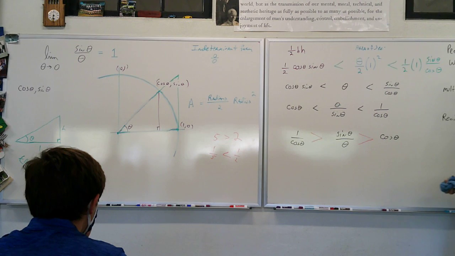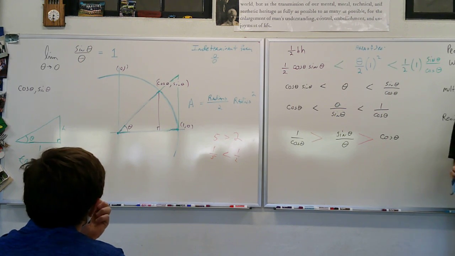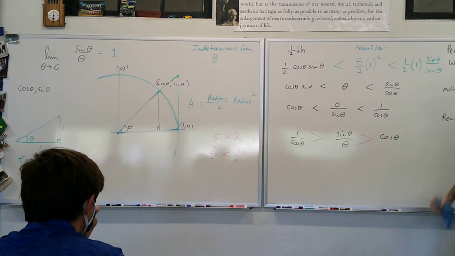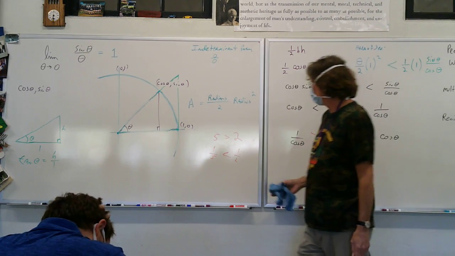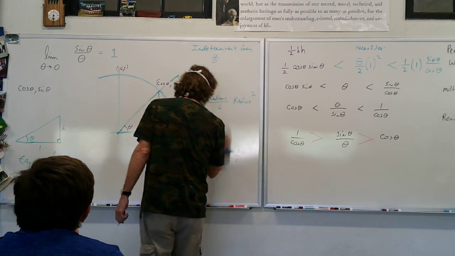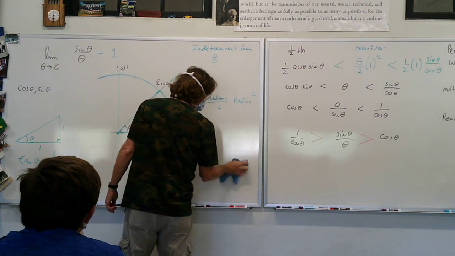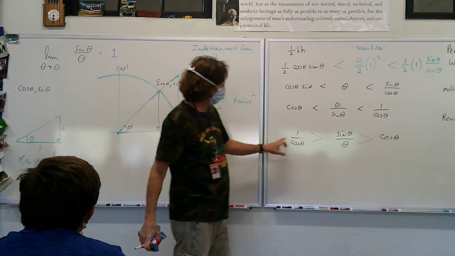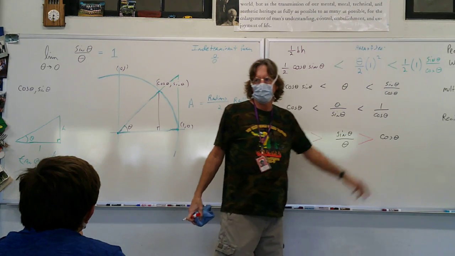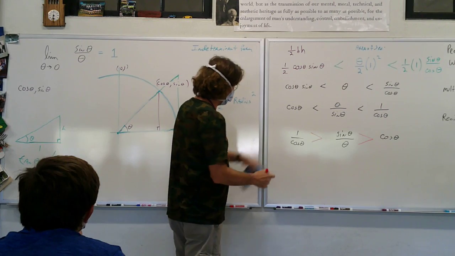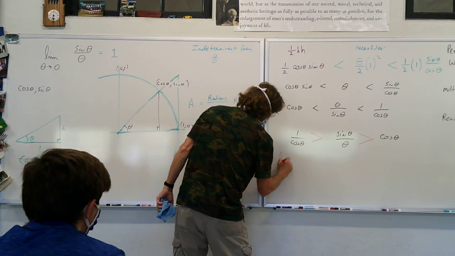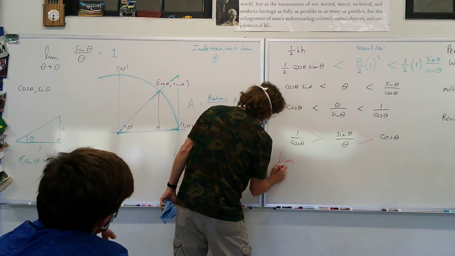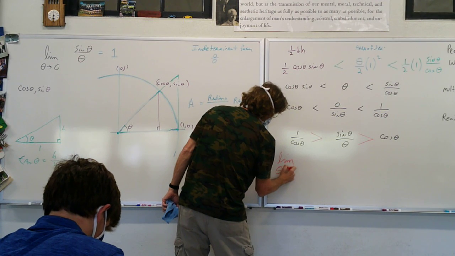All right. I get to this point, and here's what I want to do. I am going to take the limits of each one of these. I'm going to take the limit of this one as theta approaches 0.